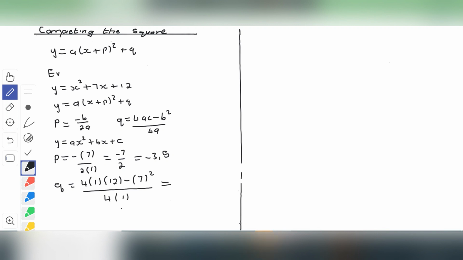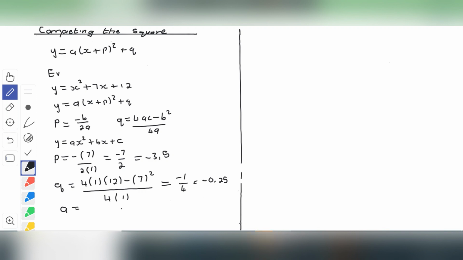Therefore, our answer is going to be minus 1 all over 4, or in decimal form, negative 0.25. We have already calculated p and q, so we are only left with a.